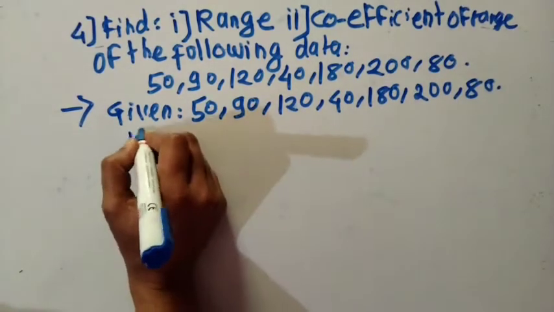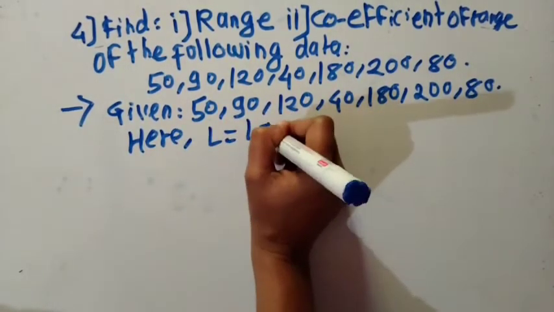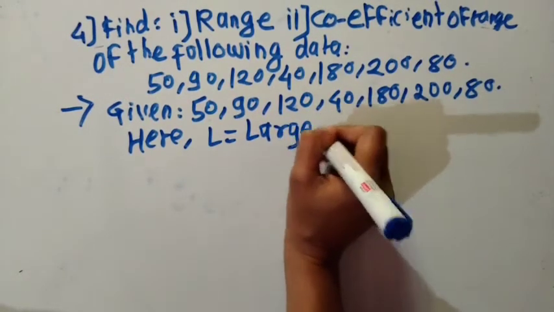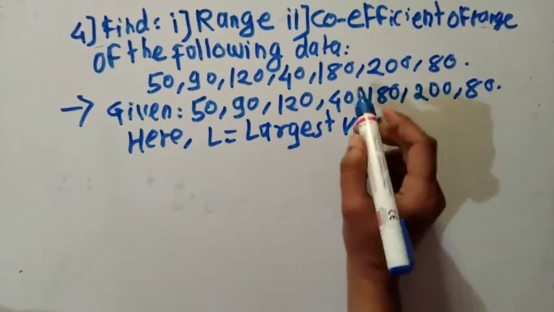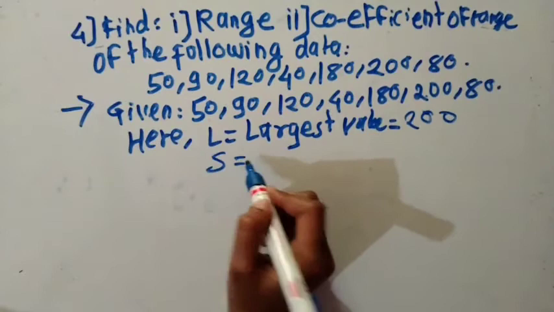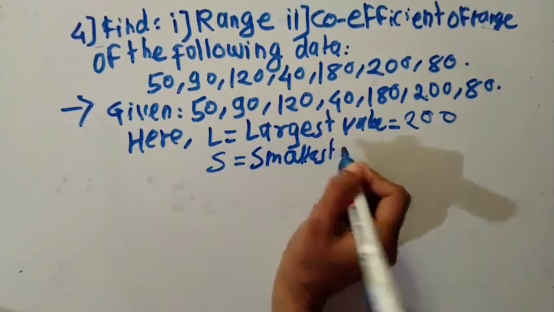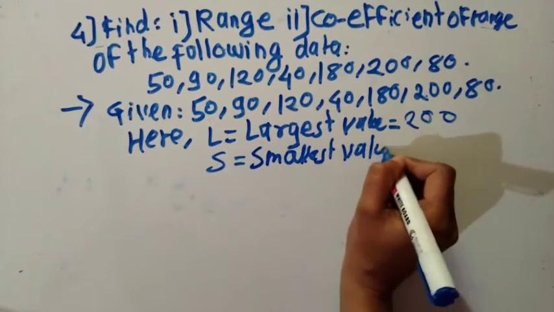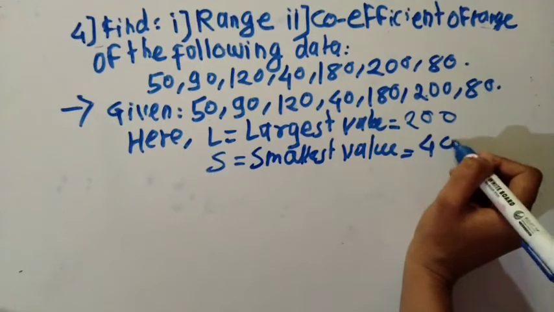So first, here L is the largest value, which is equal to 200, and S is the smallest value. So the smallest value is equal to 40.